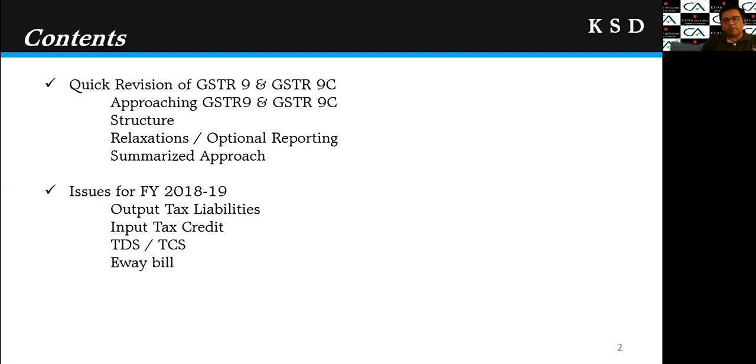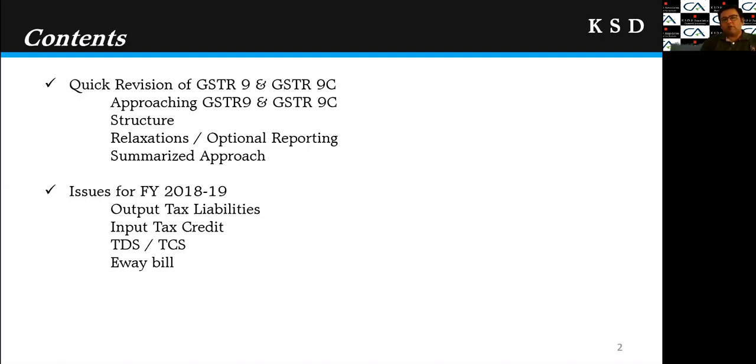So what are these relaxations and what reportings are made optional? We will discuss that, because this is really helpful, and at present also many of us don't know which fields are optional or which fields are mandatory. And then at last we will have the summarized approach for the GSTR 9 and GSTR 9C.